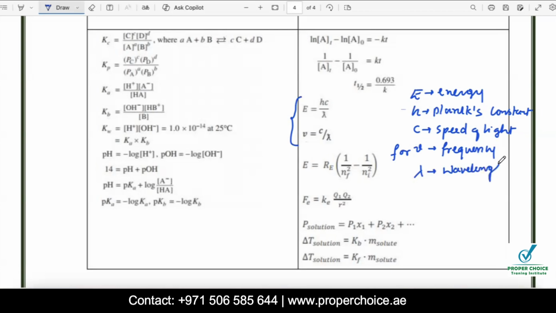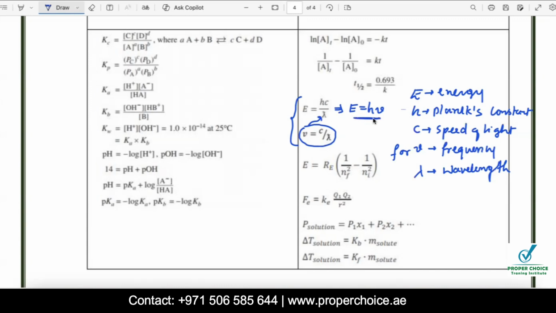Any question asking about this concept uses these terms and how they are related to each other, and I'll be using the formula to solve it accordingly. E equals hc by lambda, and we can also say that v, the frequency, is equal to c by lambda. If you replace c by lambda with frequency, the equation also becomes E equals h times frequency, where h is Planck's constant and v is the frequency.